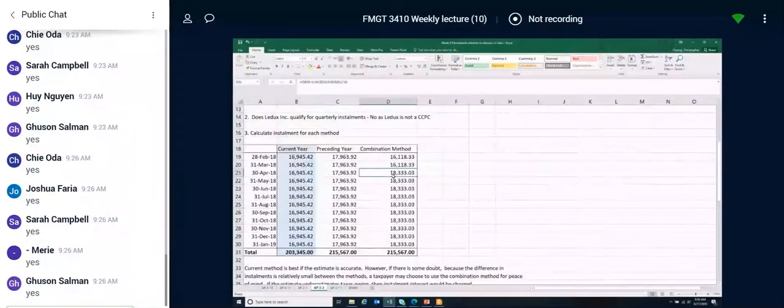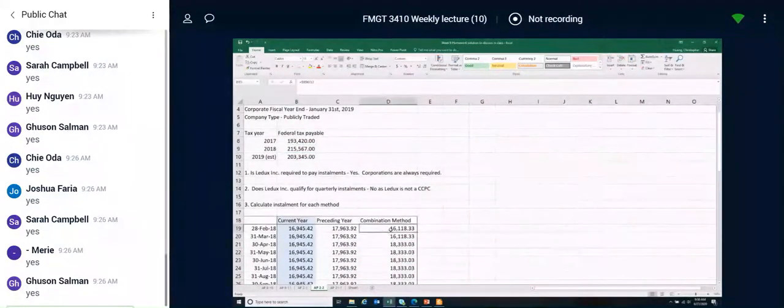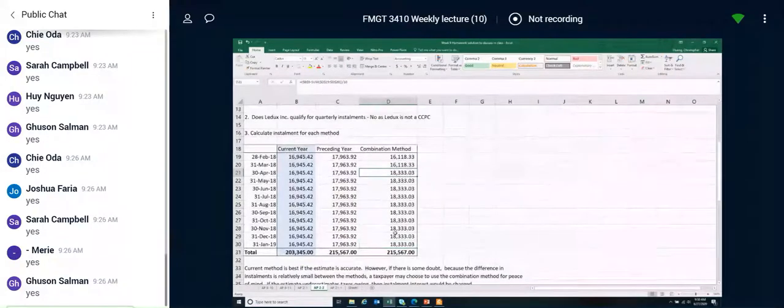For the remainder of the year, take your preceding year amount less the amount you paid in the first 2 payments in the year, divide that by 10. Okay, so divide that by 10, and that's the remainder of the year. Okay, so again, you always end up paying the same amount in the combo or preceding, but your payments are different.